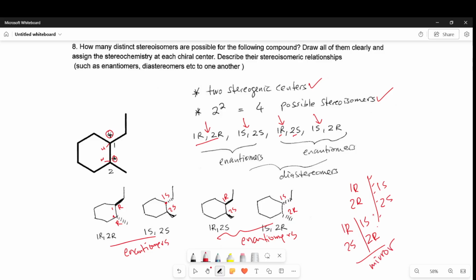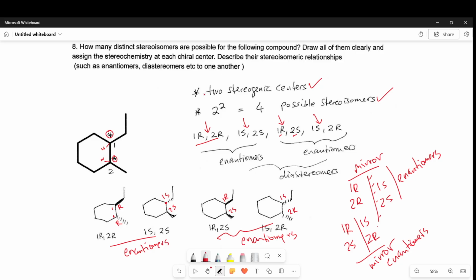This is the other mirror. So if two structures are mirror images, they are enantiomers. Okay? I think that would be enough discussion.